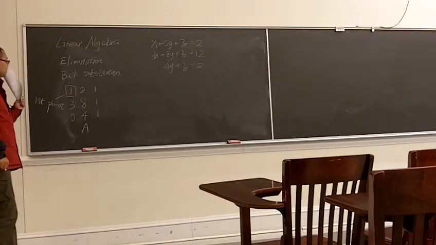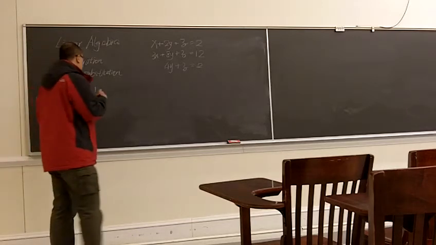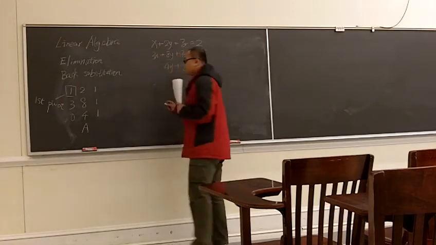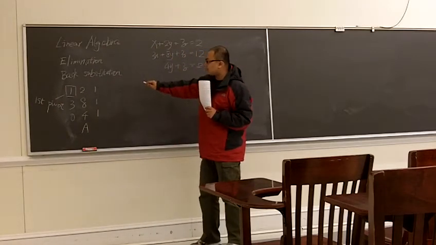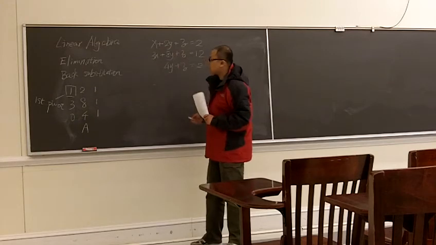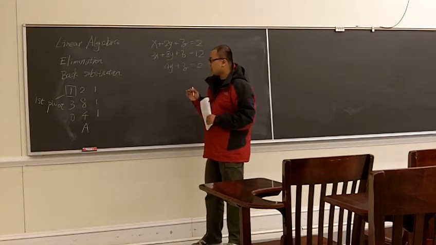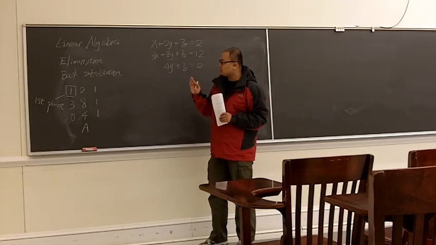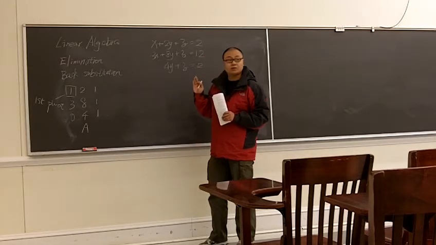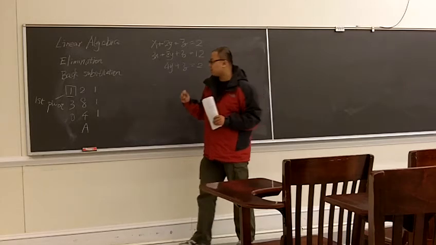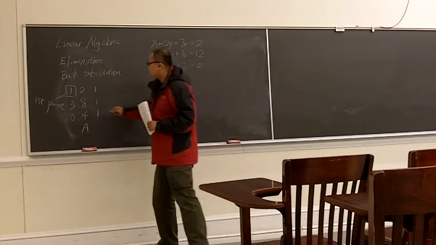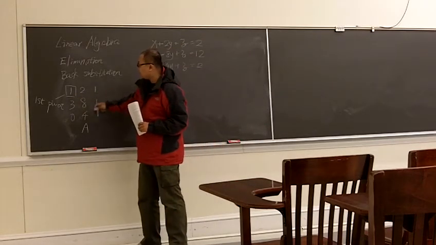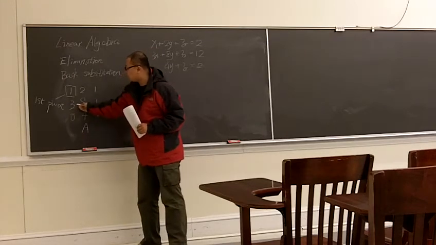Our purpose is to knock out the x in the second equation. What should the multiplier be? It's 3. The first row multiplied by 3 knocks the 3 out.